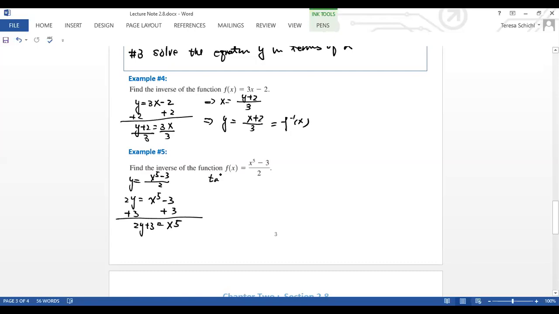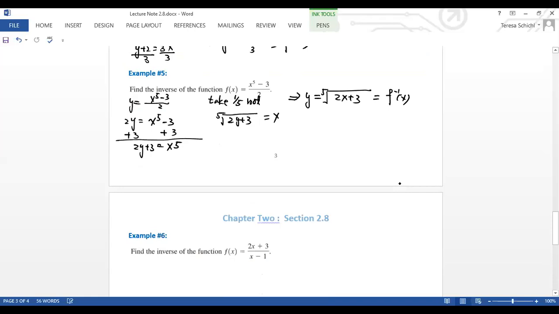Then take the fifth root, right? So that's why you have here the fifth root of 2y plus 3 equal to x. Then last step, switch the x and y. So y is equal to the fifth root of 2x plus 3. So we say this is f inverse of x.